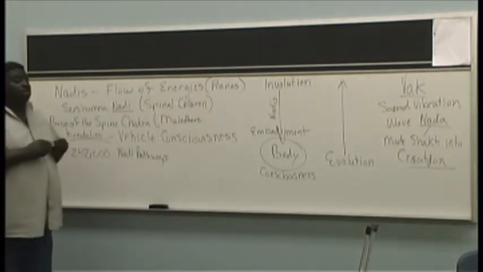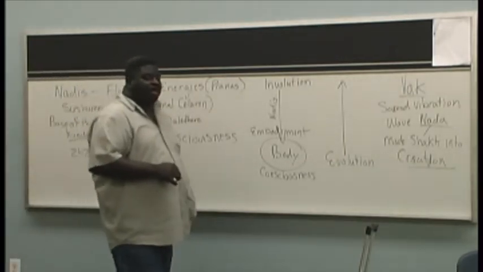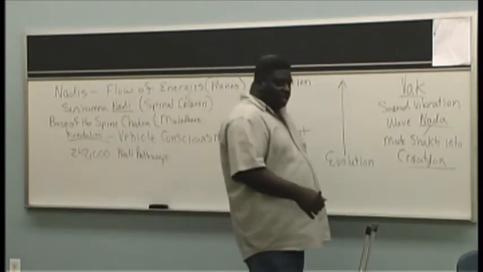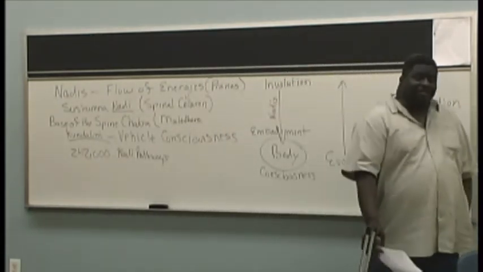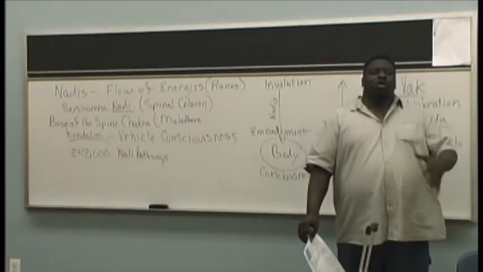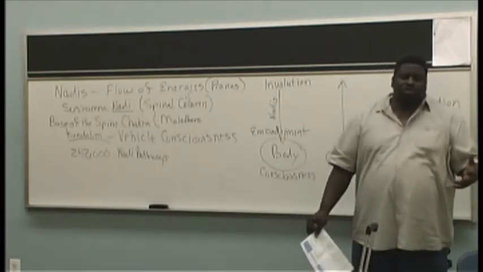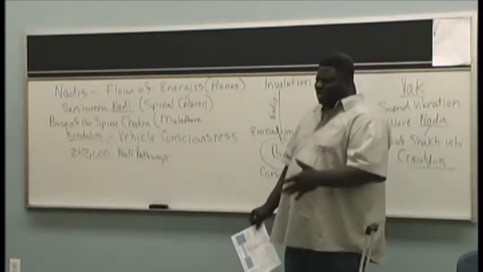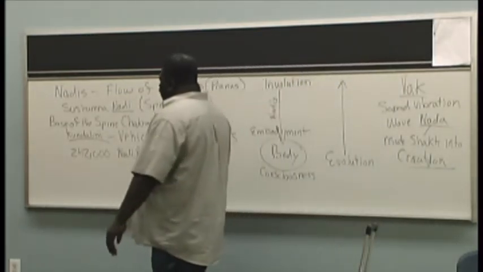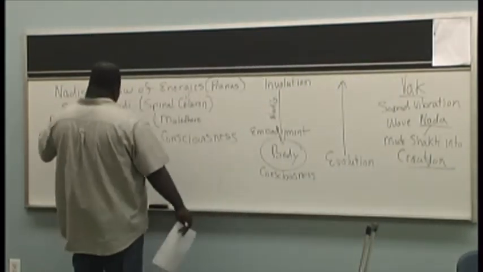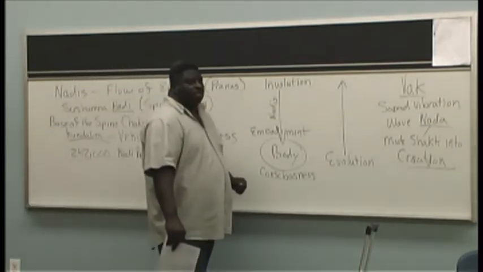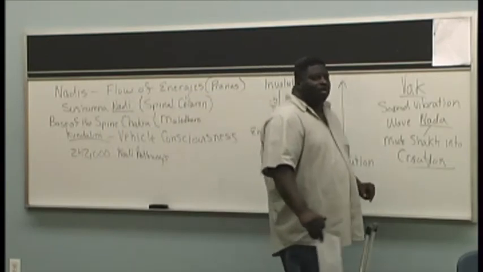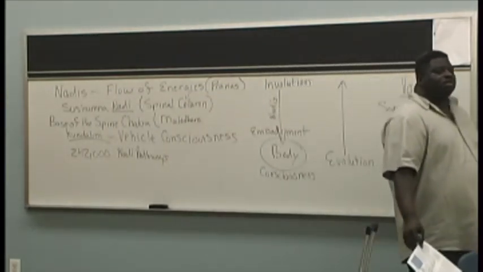Now, as it passes through these Nadi pathways, it creates or places man's consciousness on all the chakras within the body. All right? This is one of the binding effects of evolution.